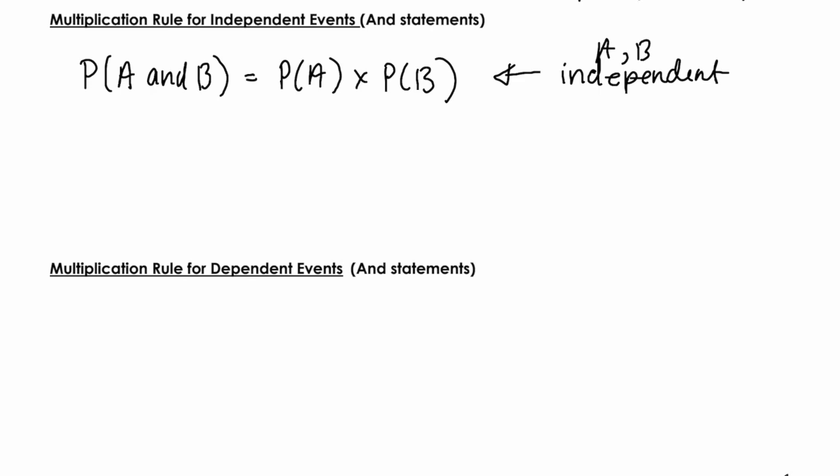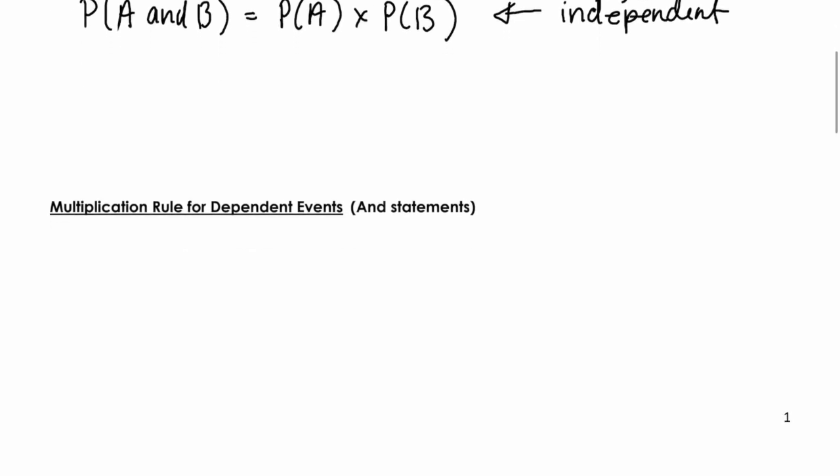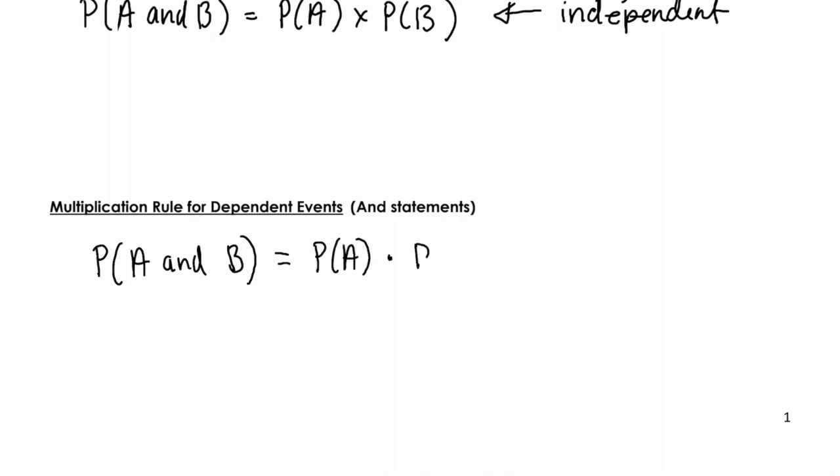If the events are dependent on each other, such as the chip example, then we're going to have what's called conditional probability. So we would find the probability of event A and event B by taking the probability of event A and multiplying it by the probability of event B happening, given that we already know that event A has happened.